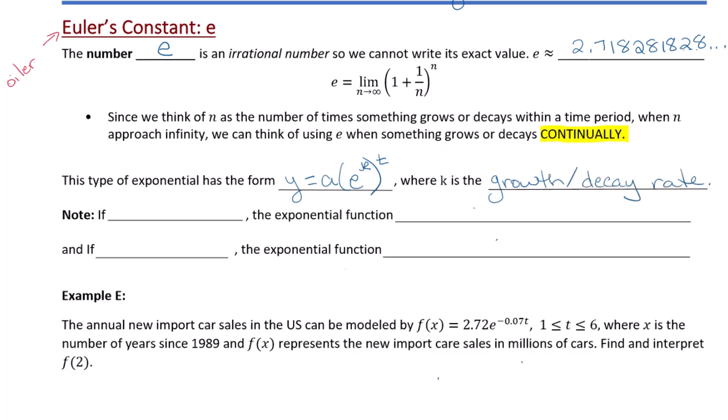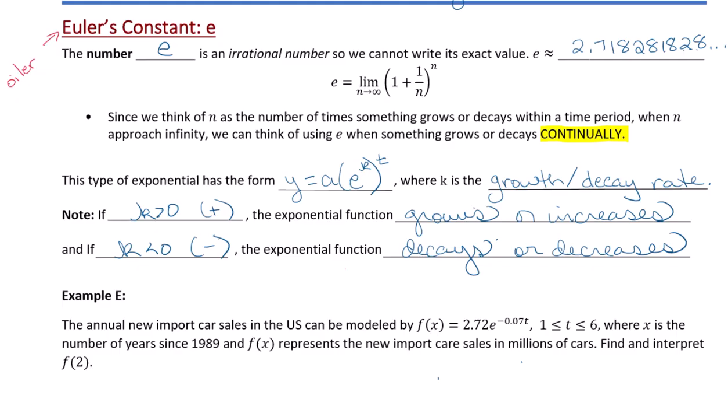One thing to note: if k is greater than 0, in other words positive, the exponential function grows or increases. And if k is less than 0, or negative, the exponential function decays or decreases. A couple of things to note: when we use k, there's no 1 included.